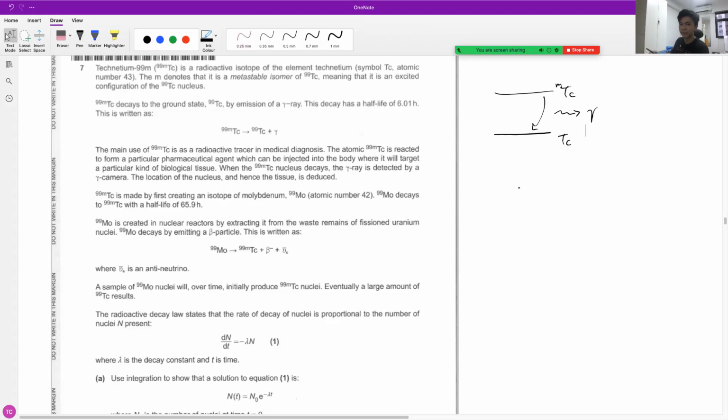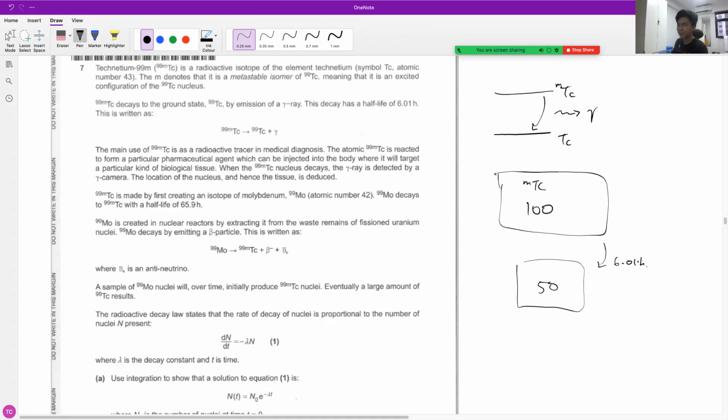If you're not sure of the idea of half-life, briefly speaking, if you have a pool of things that are going to decay, let's say you have 100 of them, the half-life is the time taken for this 100 to decay into 50. When it becomes 50, 6.01 hours will have passed.